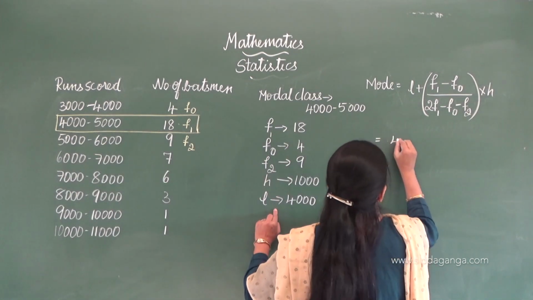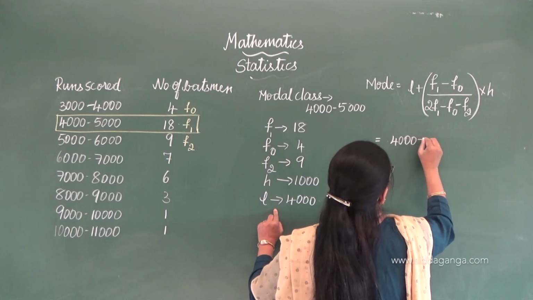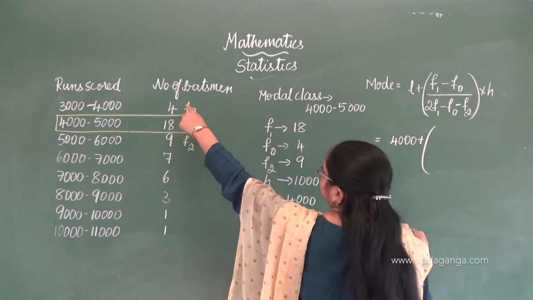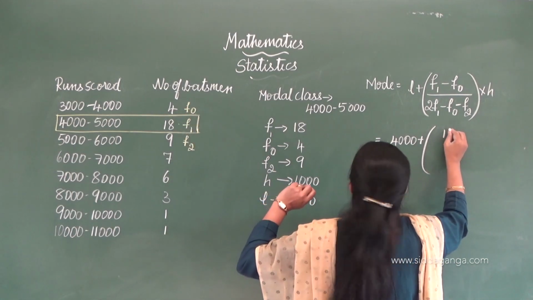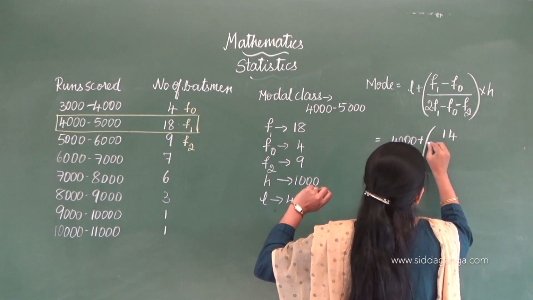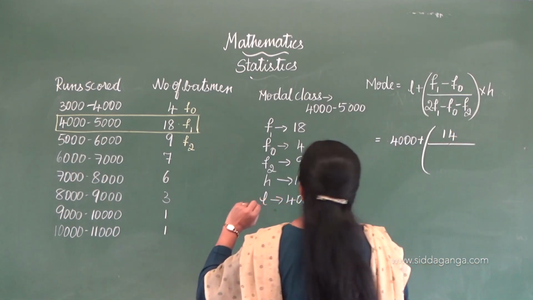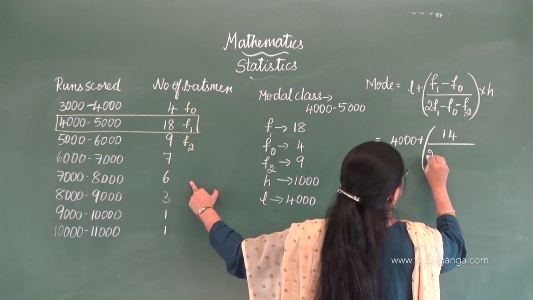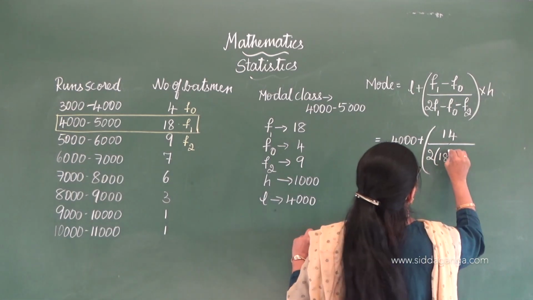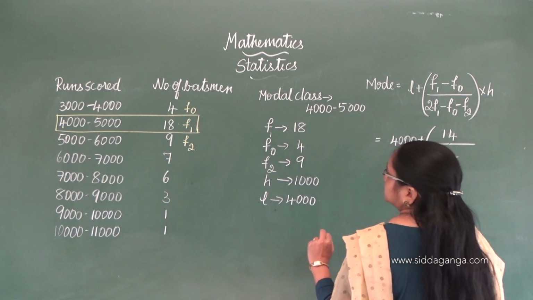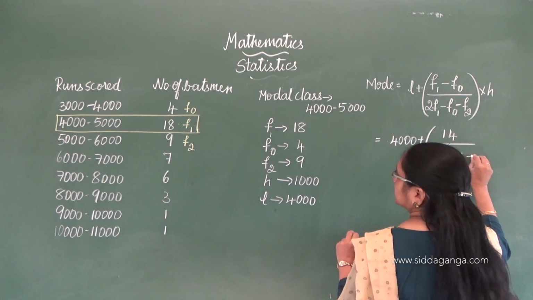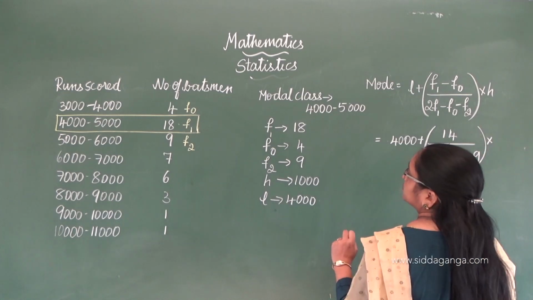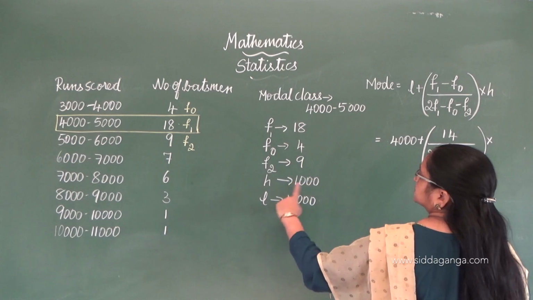L is 4000 plus F1 minus F0, so it is 14, over 2 into F1, 2 into 18 is 36, minus F0 4, minus F2 9, into H. H is how much? H is 1000.